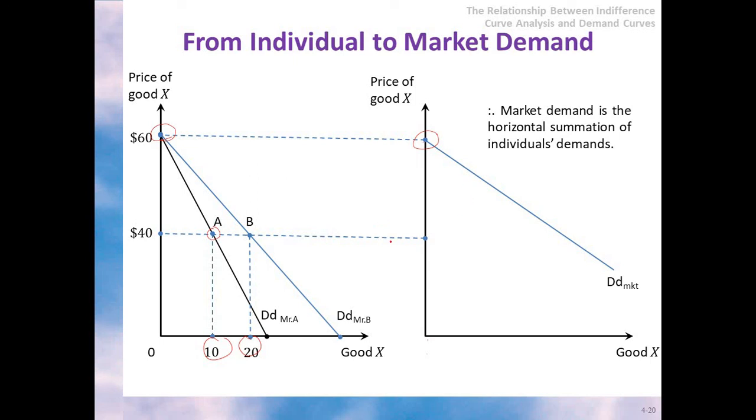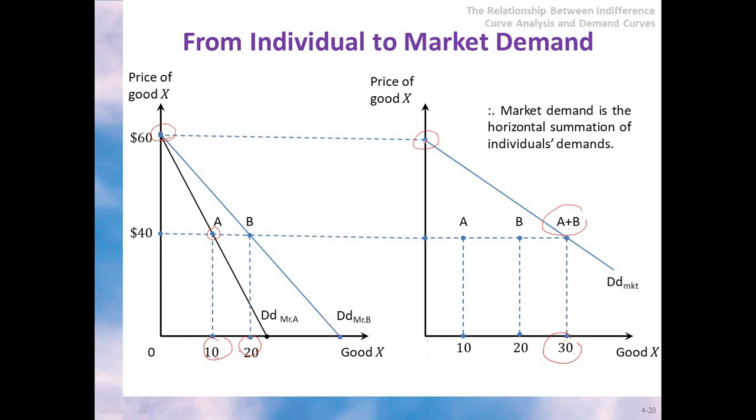But in a market, all the individuals become the market. Let's say this market only has Mr. A and Mr. B. If Mr. A purchases 10 and Mr. B purchases 20, the market is the summation A plus B, so the quantity demanded in the market will be 30.